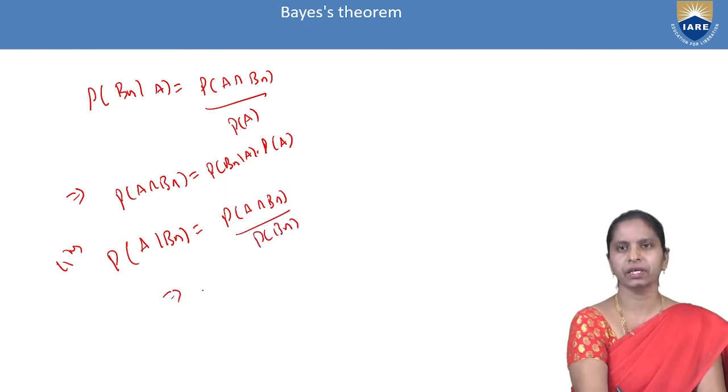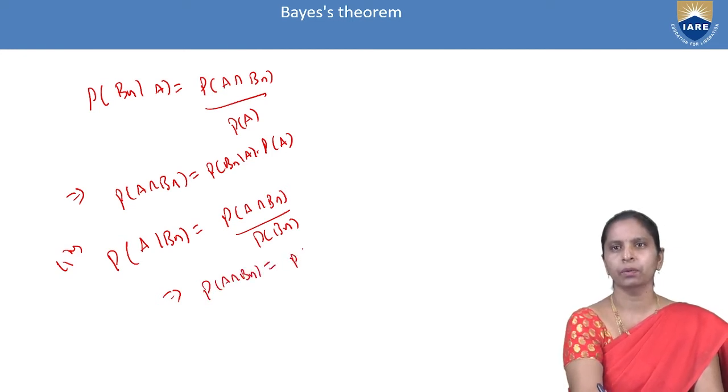From this equation, the joint probability P of A intersection Bn equals P of A given Bn into P of Bn. Let us say this is equation 1.